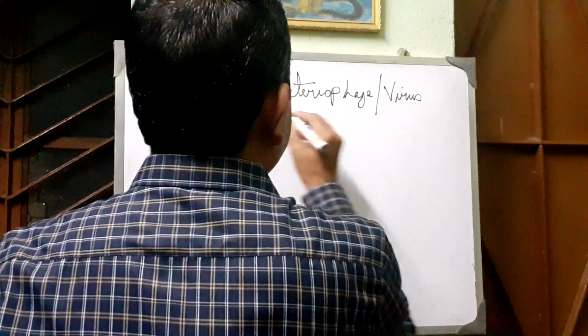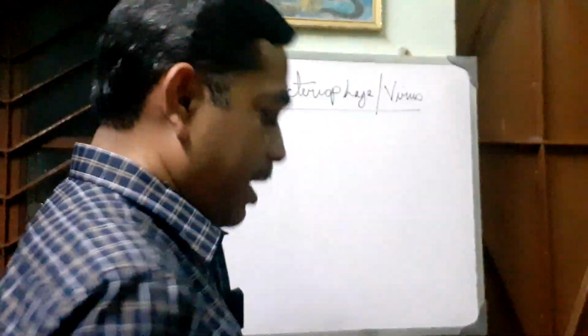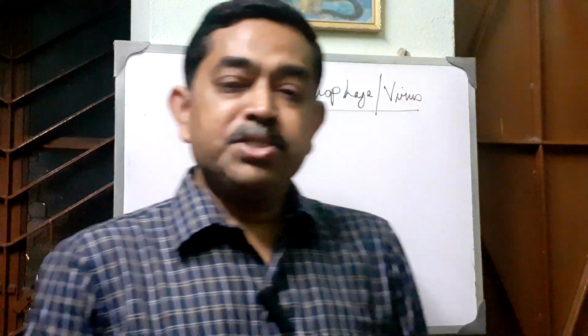Now, when we talk about viruses, a virus is the smallest and simplest infectious agent. We know that, and it is a microscopic agent, 10 to 100 times smaller than a bacterial cell. Bacterial cells are also microscopic.